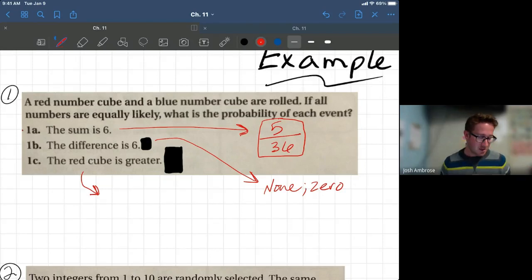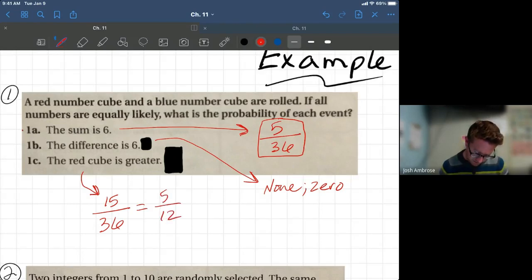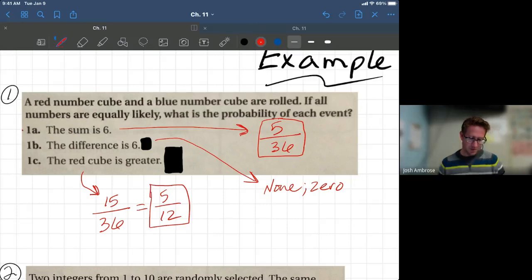When I looked at that picture, I was able to find 15 different possibilities where the red cube could be bigger than the blue cube over a total of 36 possibilities. Now a probability must be reduced. If it can be reduced, it must be. So that drops down to 5 over 12 is the probability of each event happening.